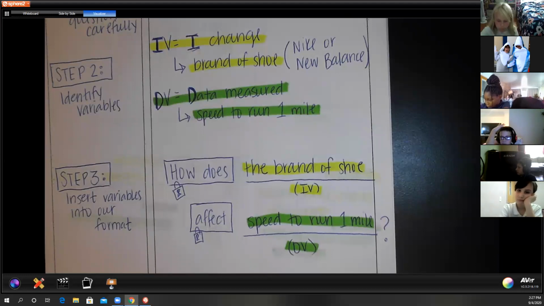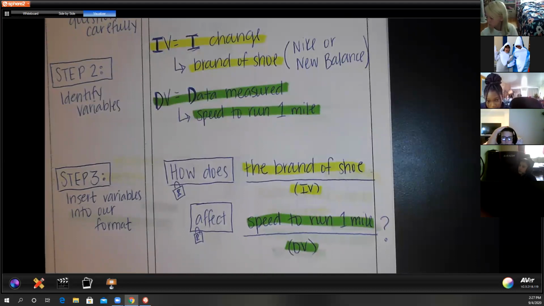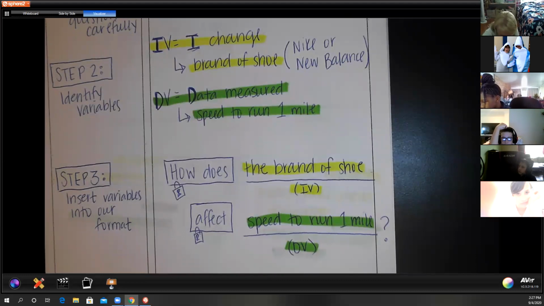How fast I run? How slow I run? There are so many different variables that if I asked a scientist to do that same experiment, do you think they would think about it the same way I did? No, they can't repeat it. They can't repeat the experiment when it's broad or non-specific.